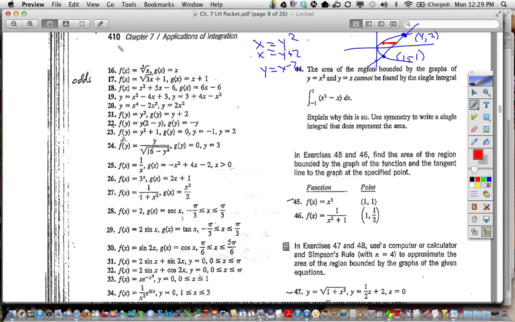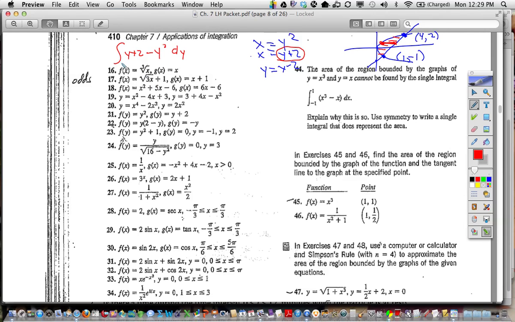So the right x-coordinate would be this line, y plus 2, minus the left x-coordinate, which is the parabola, y squared, dy.